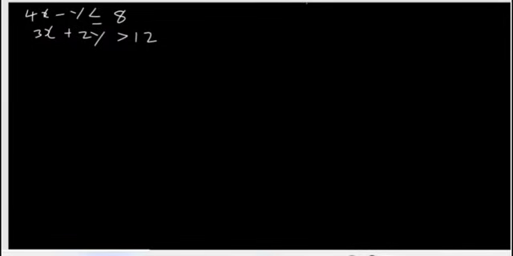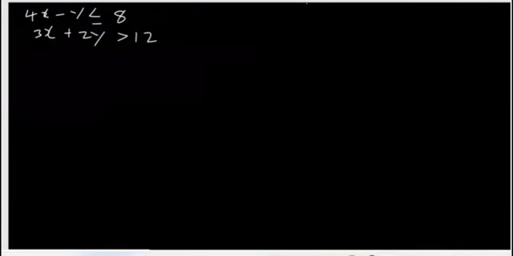The first thing you should do is identify the two inequalities given to us. What we do next is to get the parent equation of these inequalities. What do I mean by parent equation?